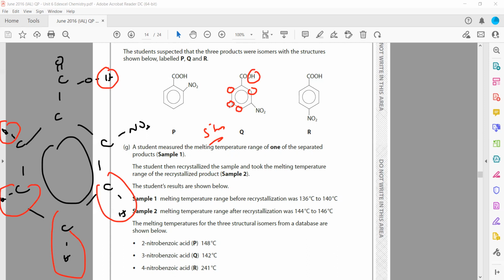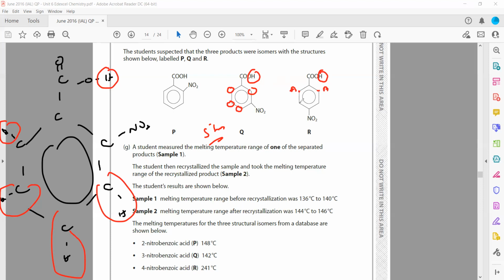In high resolution, yes, it can be distinguished, but low resolution only gives the number of hydrogen environments. So as they have the same number of hydrogen environments, we cannot distinguish P and Q. We can distinguish R because this is one hydrogen environment. These two are identical, so this is the second hydrogen environment.